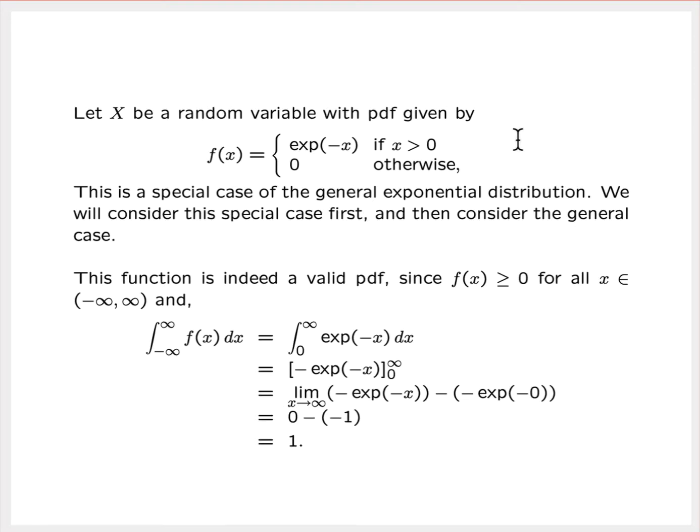So let x be a random variable with PDF given by this expression. So e to the minus x, as long as x is positive, and 0 otherwise. So again, this is a special case of the general exponential distribution. We're going to work with this function first, and then we will generalize the results that we get to the more general exponential distribution at the end of the work.